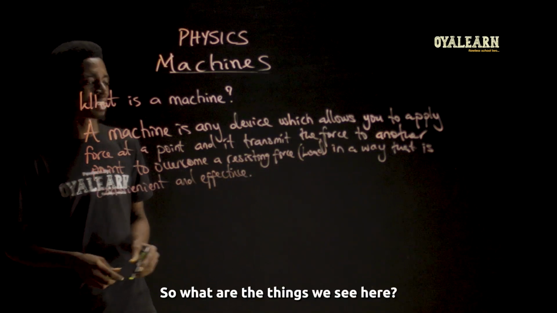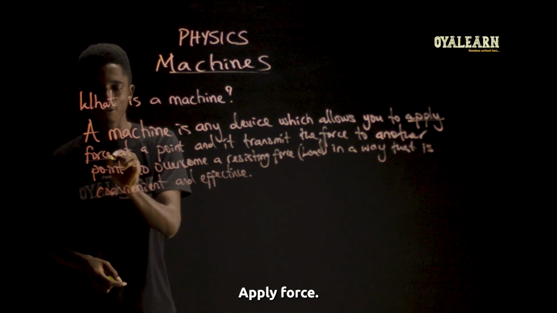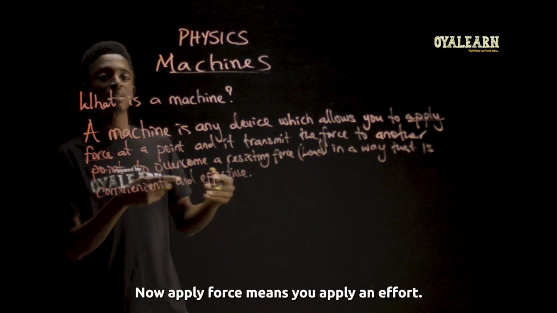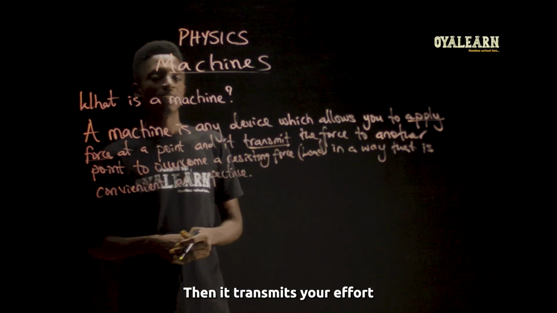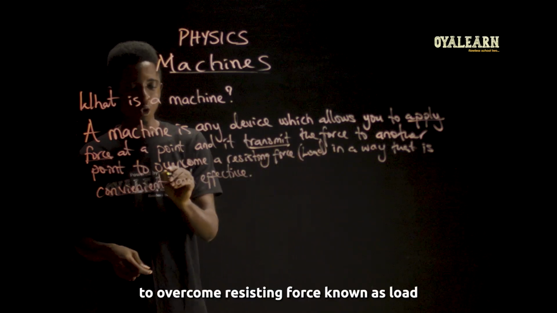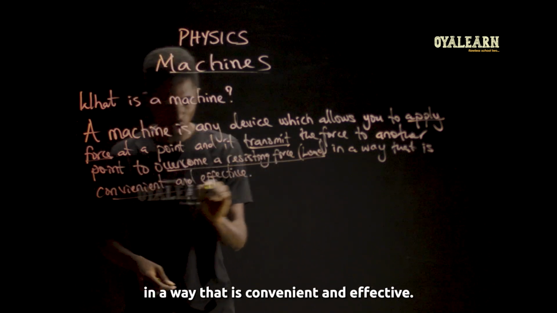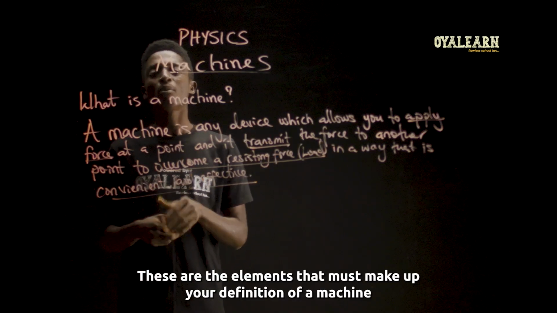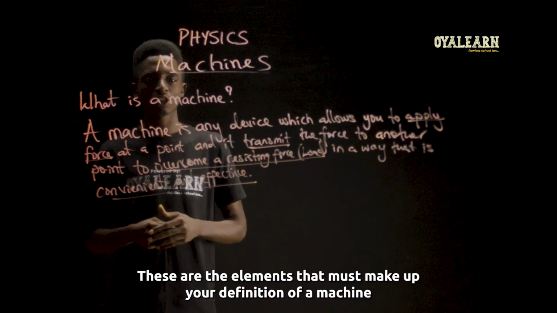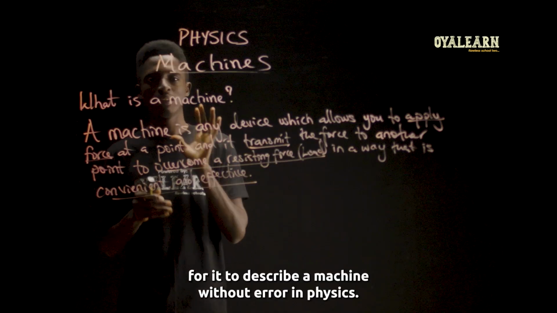So what are the things we see here? You apply effort, apply force. Now, apply force means you apply an effort, then it transmits your effort to overcome resisting force known as load in a way that is convenient and effective. These are the elements that must make up your definition of a machine for it to describe a machine without error in physics.